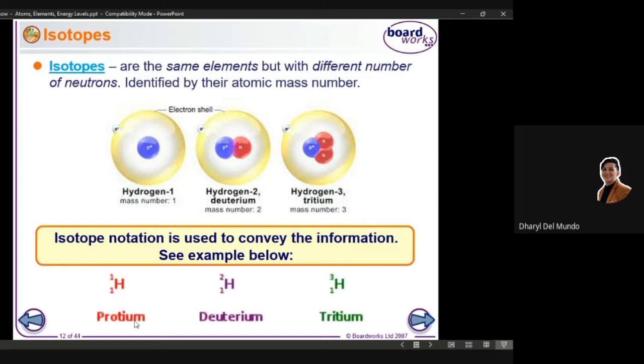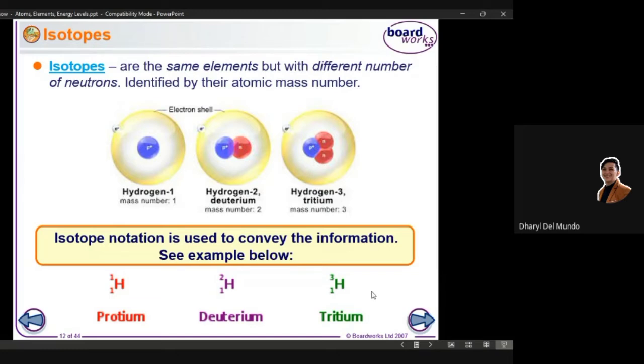There you go. Protium is hydrogen 1. So this is their atomic number at the bottom, and the isotope mass number will appear as the superscript on the top of it. Hydrogen 1, hydrogen 2, and hydrogen 3. That is different from one to another. Again, the same element, but different numbers of neutrons or mass number.